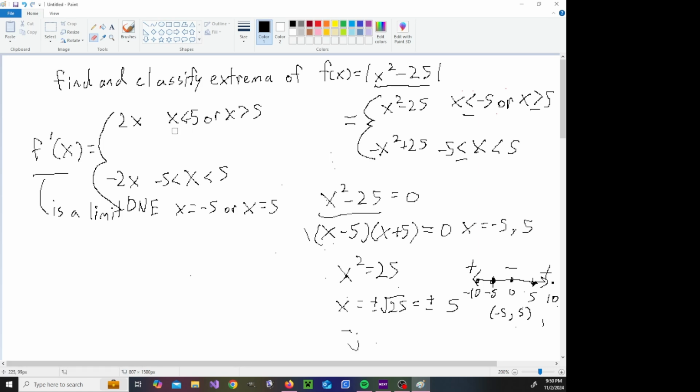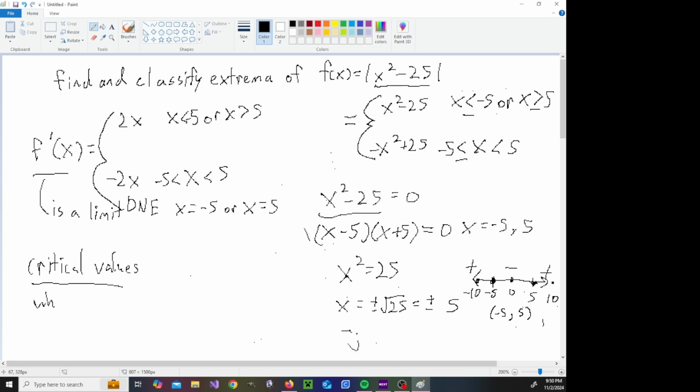So now we want to find critical values by looking at our derivative, right? We're wanting to find extrema, so for that reason we look at critical values.